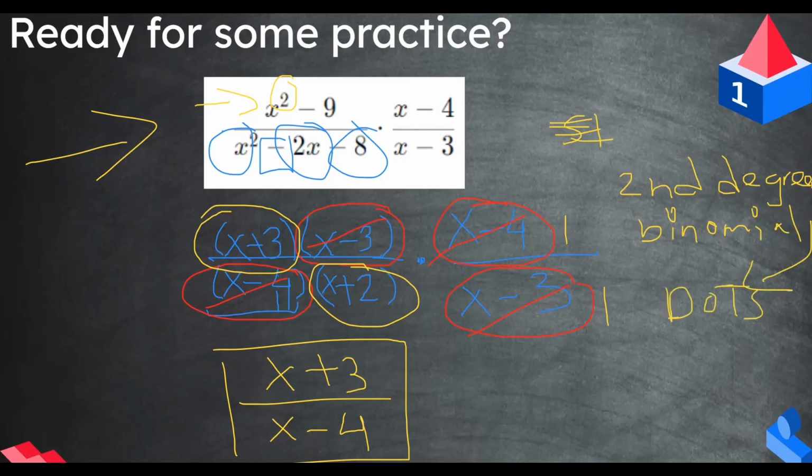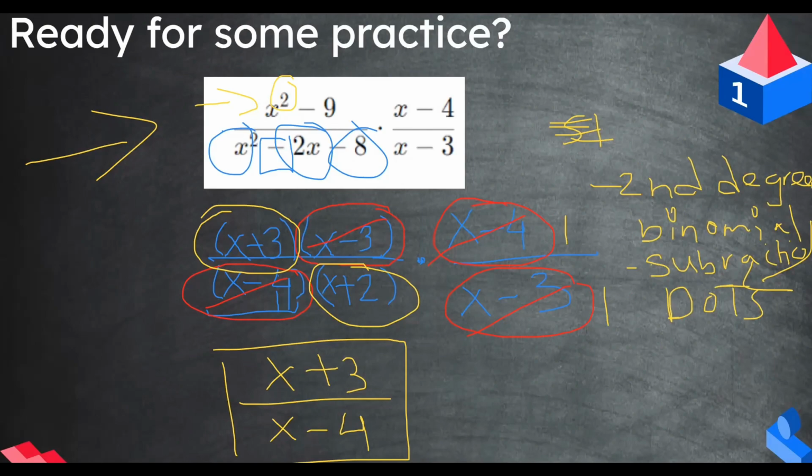If you have two perfect squares, then you're supposed to do that: bring down the variable, bring down the square root of the other number, and do one positive, do another negative. That's it, done factoring.